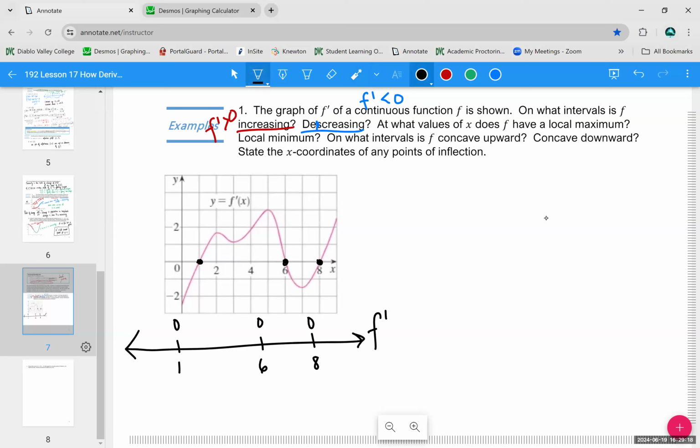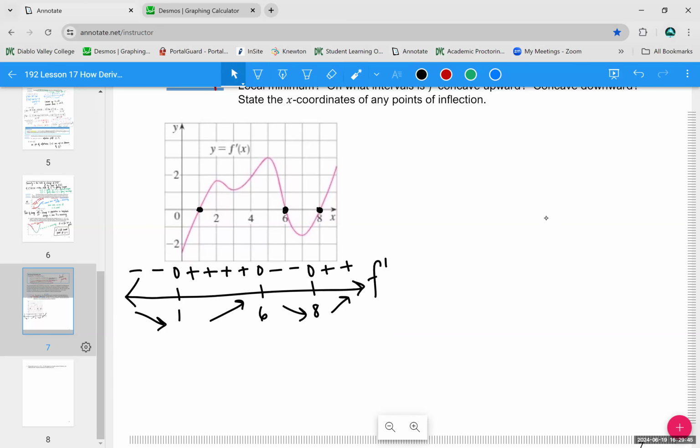The derivative is negative because it's below the x-axis. What's happening between 1 and 6? The derivative is positive because it's above the x-axis. Between 6 and 8, it's below the x-axis and then it's back above. So that means the original function is increasing and decreasing in this manner.